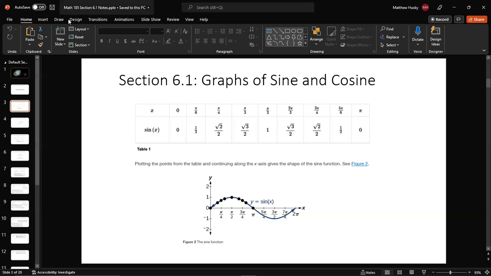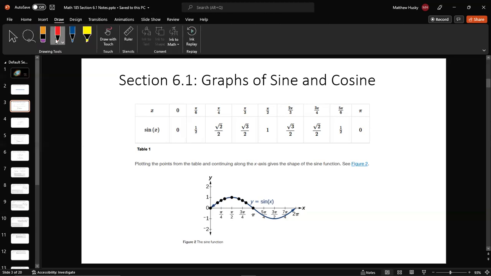And this kind of graph is called a sinusoid. I think I spelled that correctly. Let me check that too. Sinusoid. Yeah, it's a sinusoid.